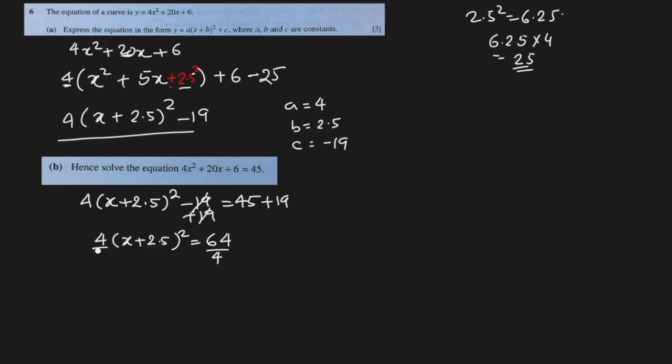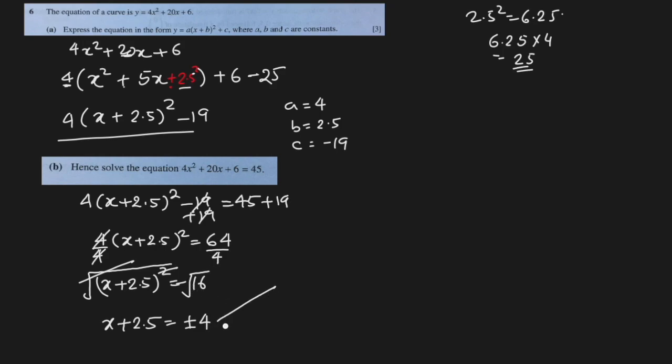Divide both sides by 4 so that this 4 goes from the left side. (x plus 2.5) squared is 64 divided by 4, which is 16. Square root both sides now to get rid of this square. So x plus 2.5 is plus or minus 4. Yeah, square root of 16, both positive and negative.